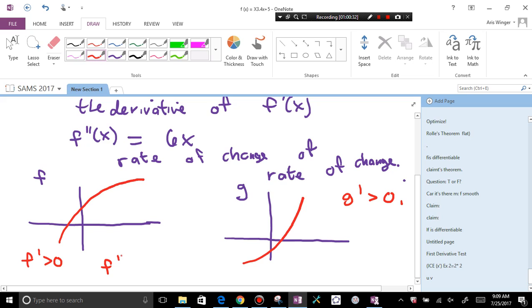Tell me about f double prime. Tell me about the second derivative. So what can we say? Think about this.